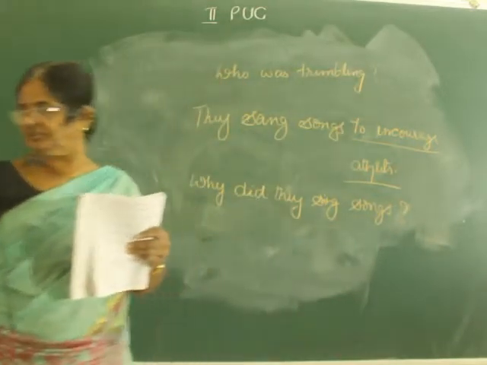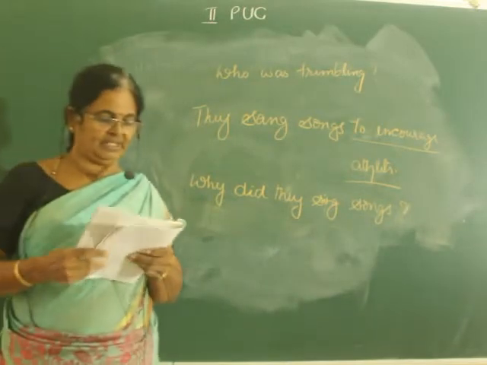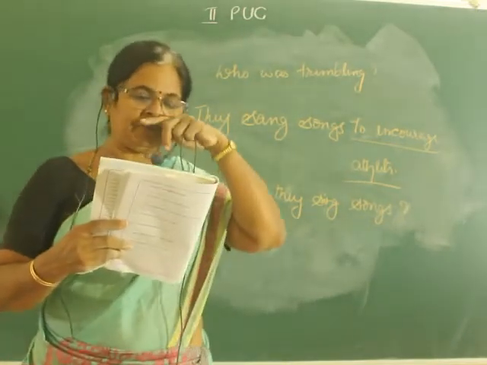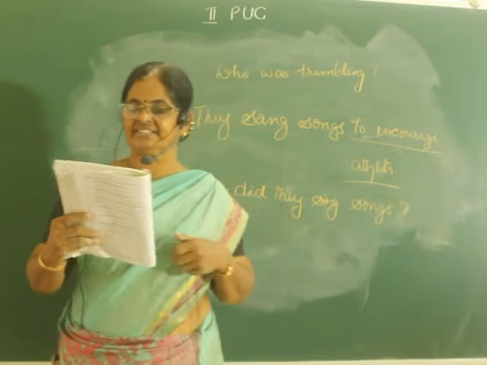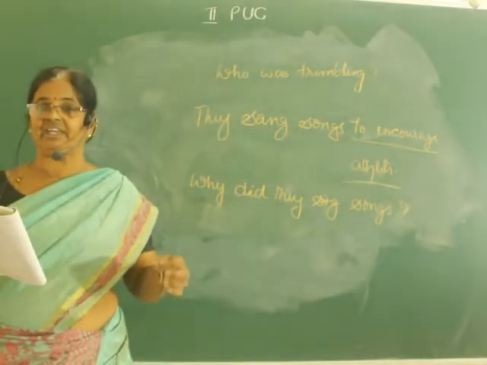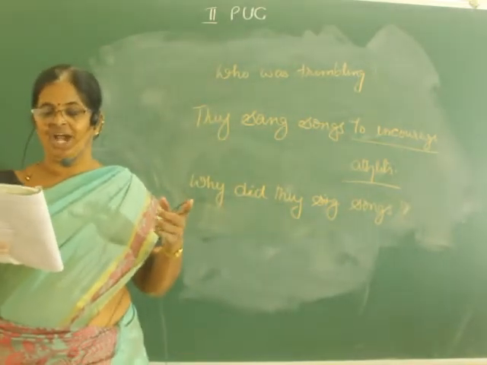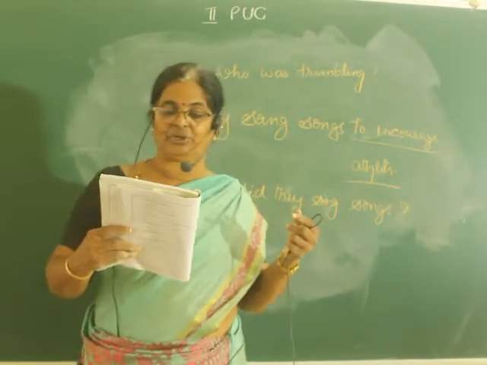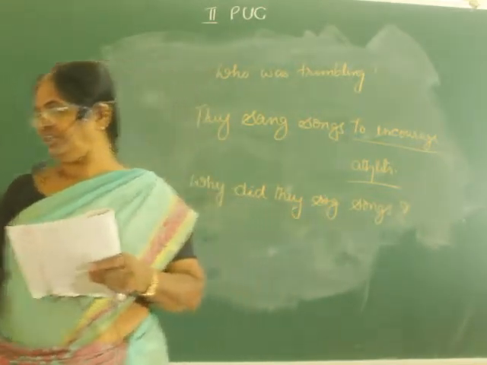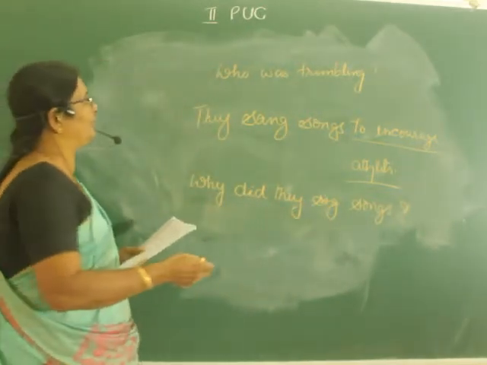Who was trembling? The king collected more revenue by taxing his people. The way. How? How did the king collect more revenue?